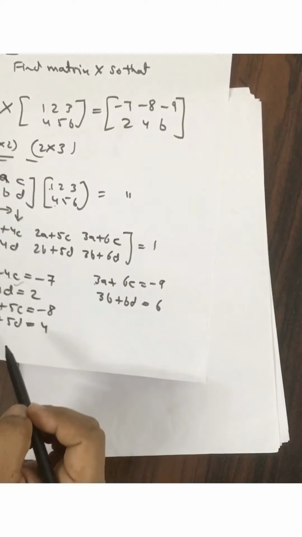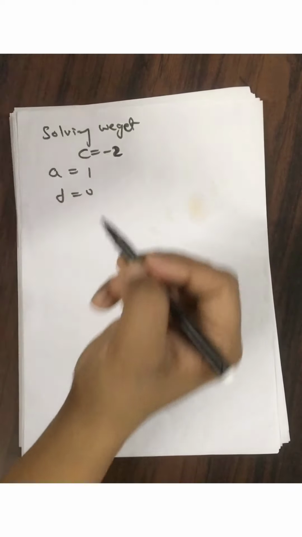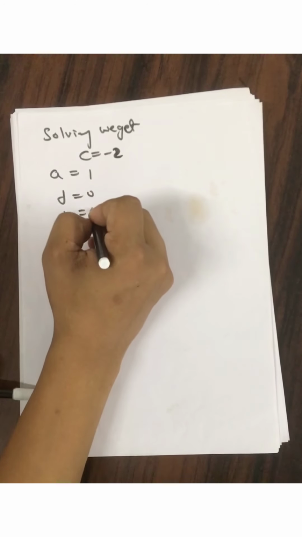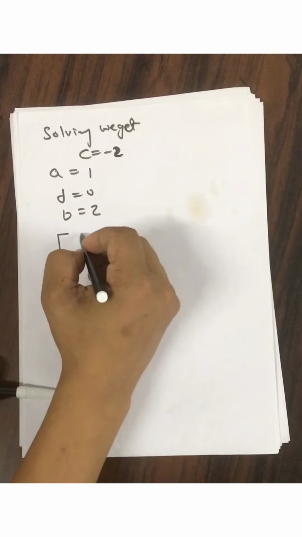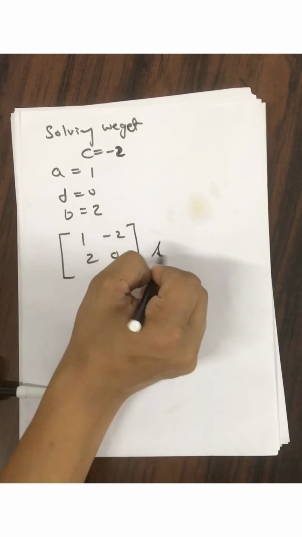So we can get D. Value of D is 0. Then we'll substitute over here. D is 0. Put it over here. B will be 2. That's all we got. A, B, C, D. 1, minus 2, 2 and 0. That's it. Answer. Got it?